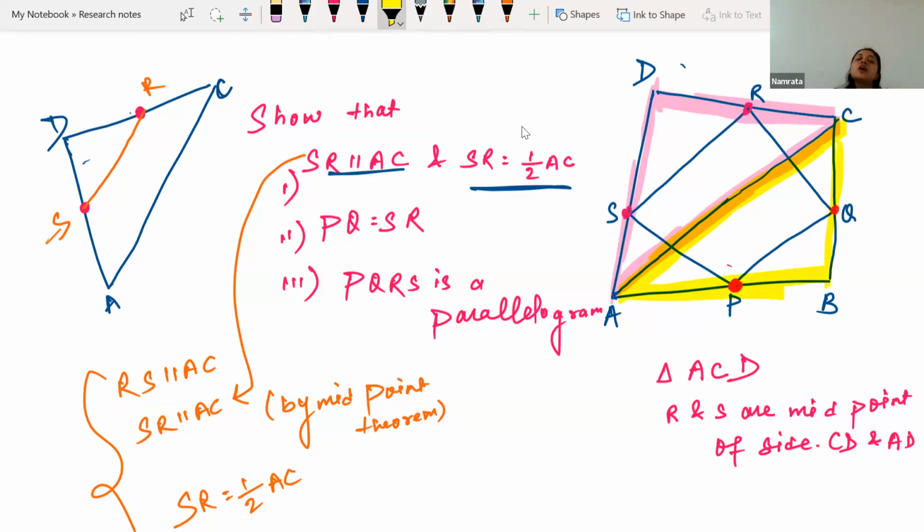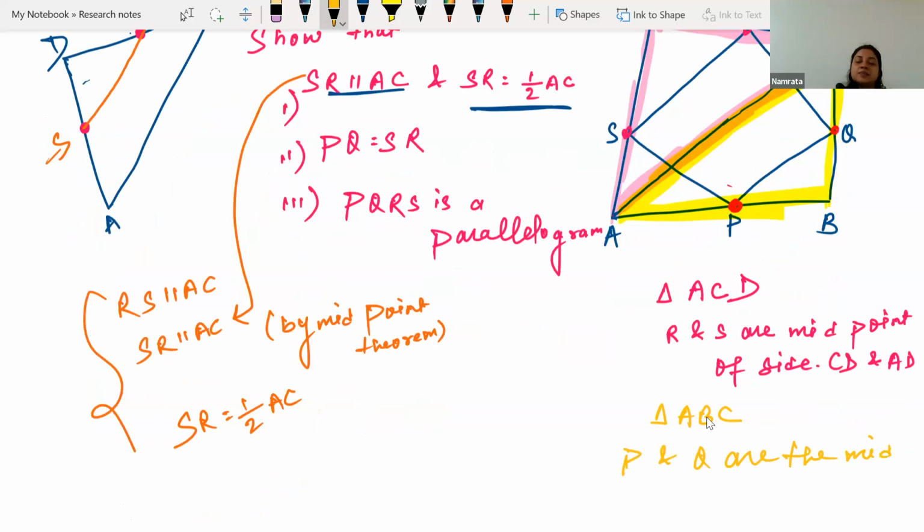And in the yellow triangle also, we are going to say the same thing: in the yellow triangle, with side BC, once we join, it will be parallel to AC, and PQ will be equal to half the length of AC. This is equation number 2. This was equation number 1.